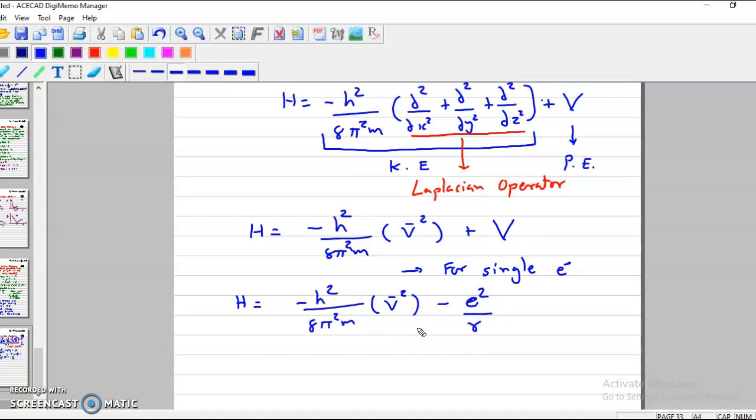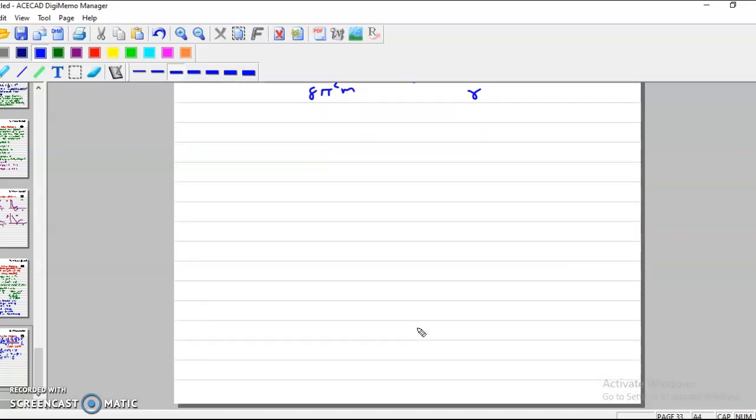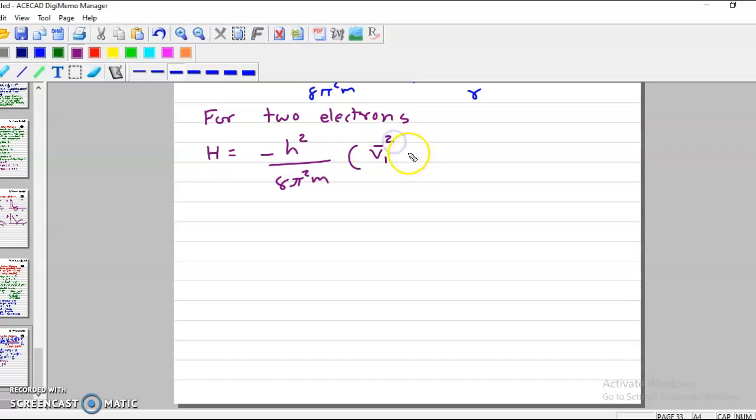Okay, for two electrons we can use H is equal to minus h square upon 8 pi square m. As there are two different electrons, we have to use two Laplacian operators, one for first electron, another for second electron, plus V, potential energy.